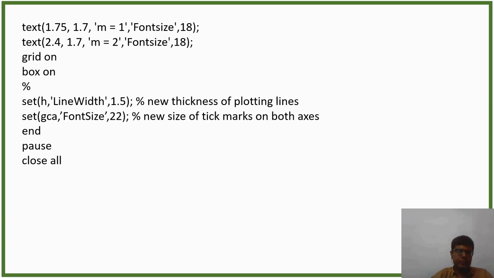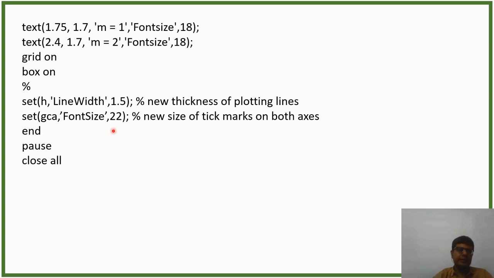We have set the text for x point 1.75 and y point 1.7 for the value of m equal to 1. We have set the text at 2.4 as x point and 1.7 for y point for m equal to 2. And we define the font size as 18.